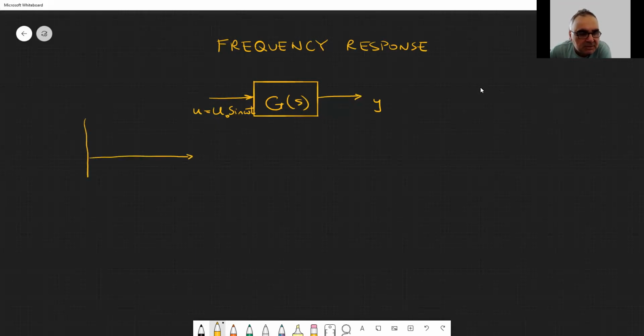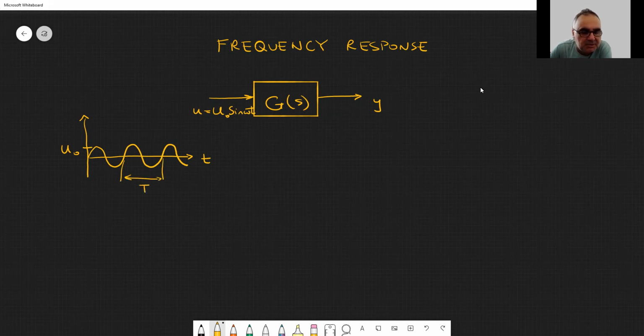It is something like this, a signal that goes up and down over time, whose amplitude is u0, the magnitude of the signal is u0, and its frequency is omega. Frequency can be obtained from the period.